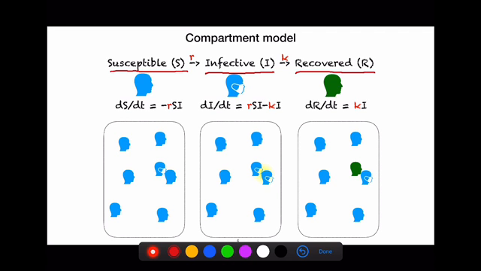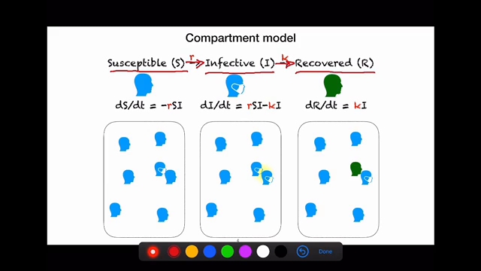So we have 3 compartments, and we are basically thinking about a scenario of one-way flow from the susceptible to infective to the recovered. So there's no coming back from recovered to susceptible. Once you acquired immunity, you are protected. You don't get infected again. So this is a one-way flow.